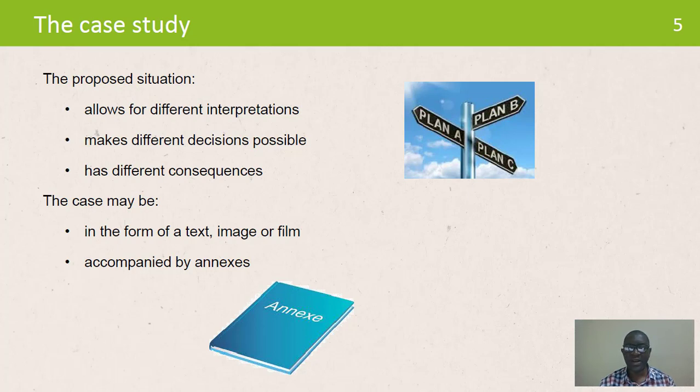Example in terms of management, an investment decision to be taken to invest or repair an agricultural machine. The case may be in the form of a text, description of a situation, a business, an image, an accident or a behavior, or a film depicting agricultural or hygiene practices, accompanied by more or less numerous annexes such as figures, tables, interviews.